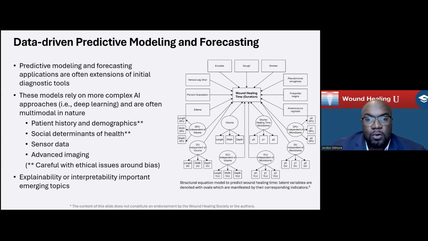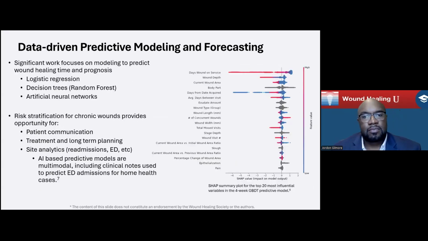For example, if you've got only a few examples in your data set of patients with darker skin, and all of those have amputations in them, your model may make the assumption that darker skin is associated with amputation, which is a biased interpretation of the data. So it's important to think about those things as we build out these models. Also, thinking about explainability and interpretability, which I'll cover on the next slide.